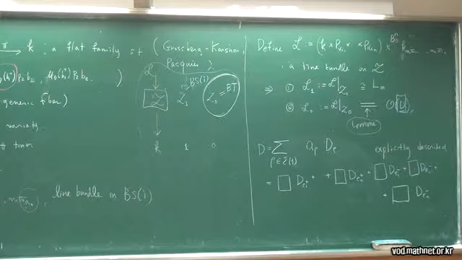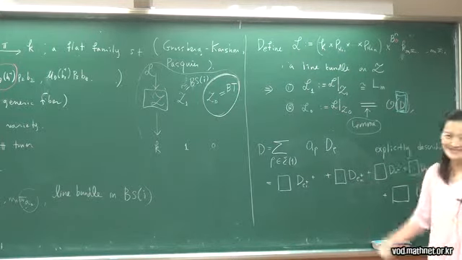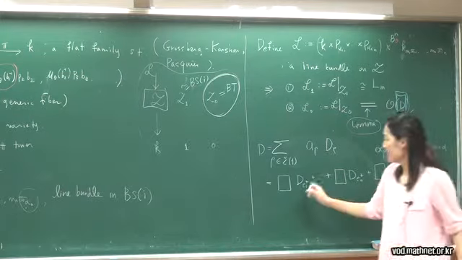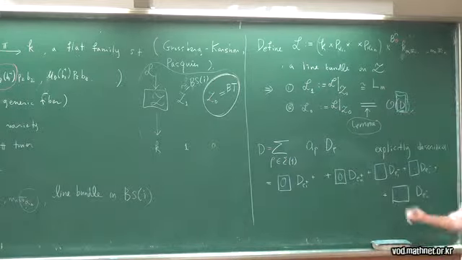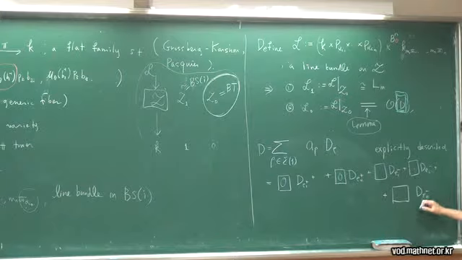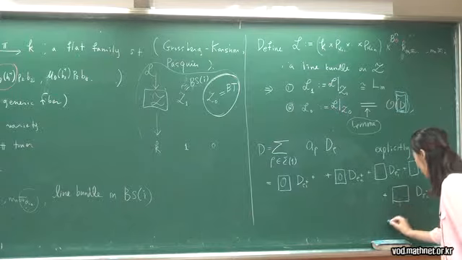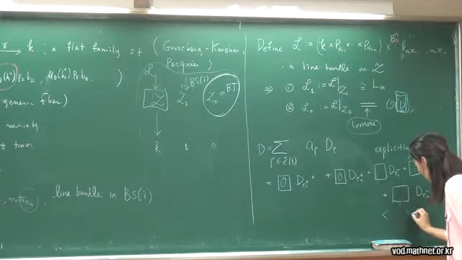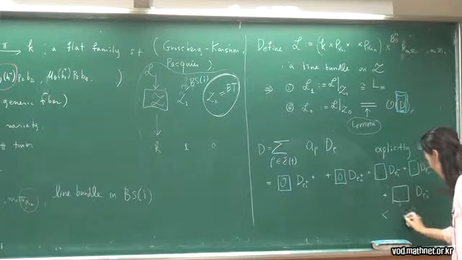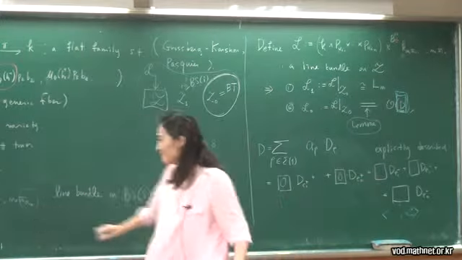So let me tell you what my D is here. This D has 0 coefficient for E1 plus to En plus, and for D En minus, it comes with alpha In check. Please remember it comes with this line bundle description.